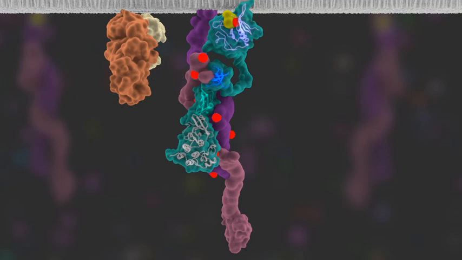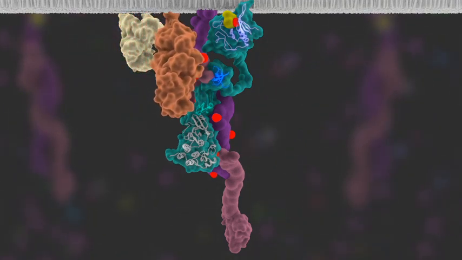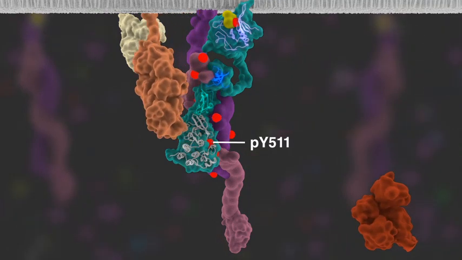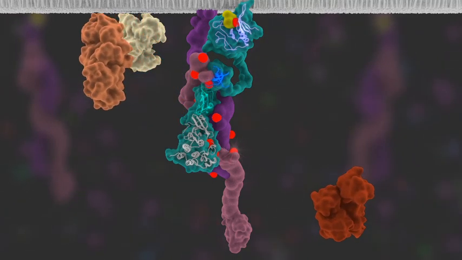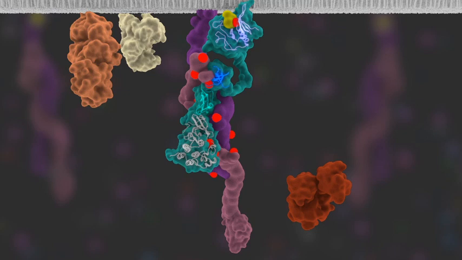In addition to the conformational changes accompanying the shift from autoinhibited ITK to active kinase, LCK phosphorylates the activation loop tyrosine, tyrosine 511, to fully stabilize the kinase domain in its active state. Once fully active, ITK can phosphorylate its own SH3 domain and is thought to phosphorylate another tyrosine on SLP76, tyrosine 173. The ITK SLP76 LAT complex is poised to receive the substrate of ITK, phospholipase C-gamma-1 or PLC-gamma-1.